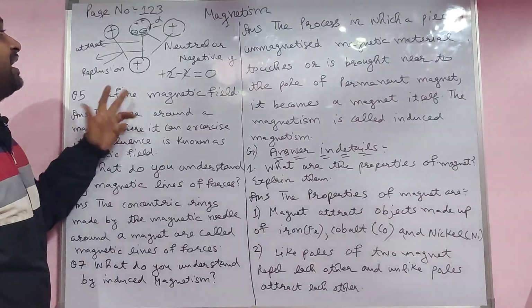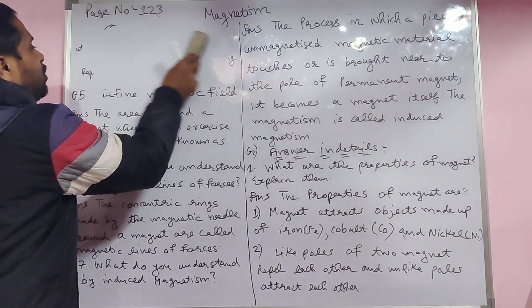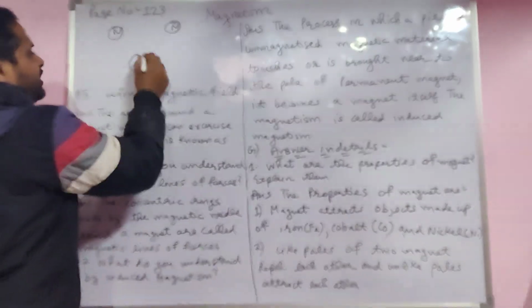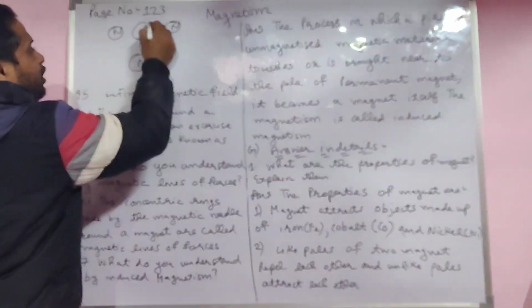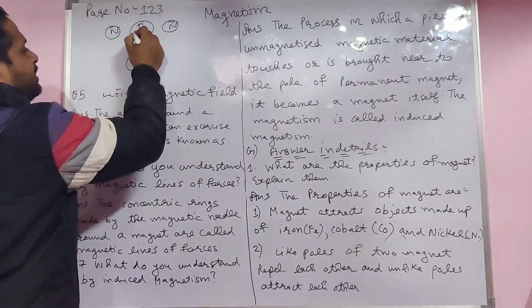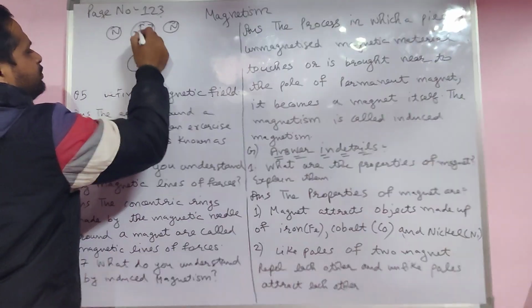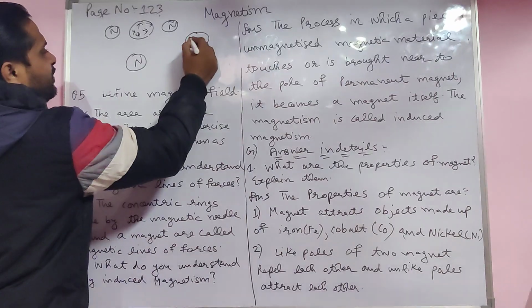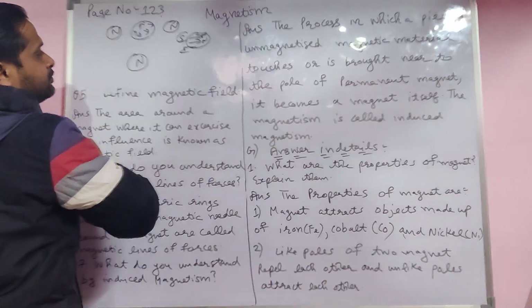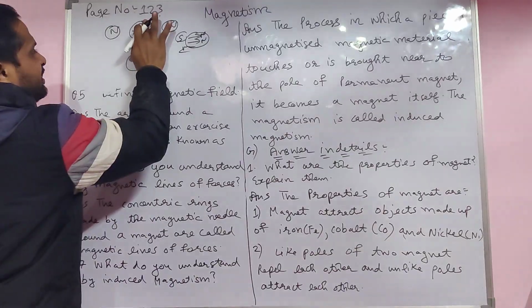But in case of magnetism, if you take a north pole and a south pole, it is the same. Here one north pole, here also north pole. But one body which has no north pole or south pole has electrons moving randomly. I already told you, when electrons move in the same direction, then north pole and south pole come.